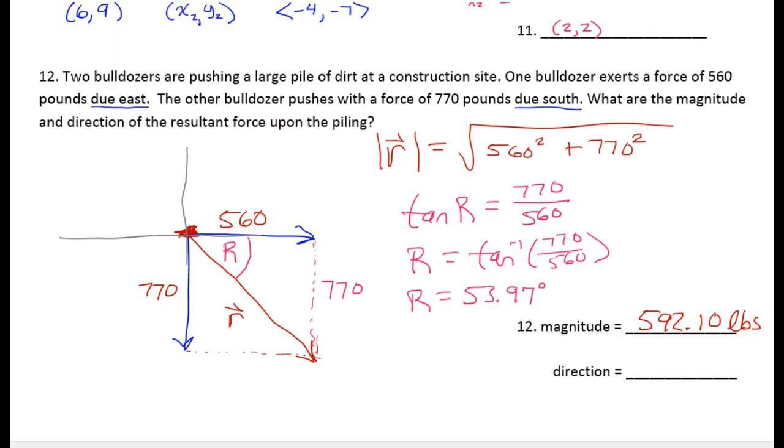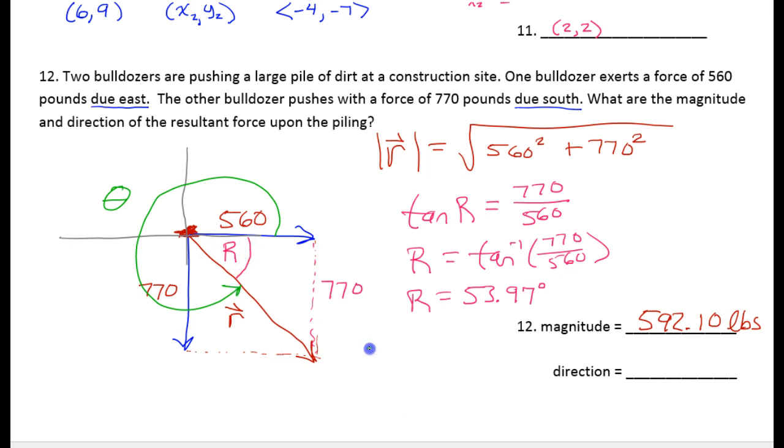Now, the direction of this vector has to be measured from the positive x-axis. So this represents the direction all the way around like this. We call that angle theta. So how big is this? Well, this green angle was on its way to being 360 degrees. If it just went a little bit further, it would have been 360 degrees. It stopped short by a value of R degrees.